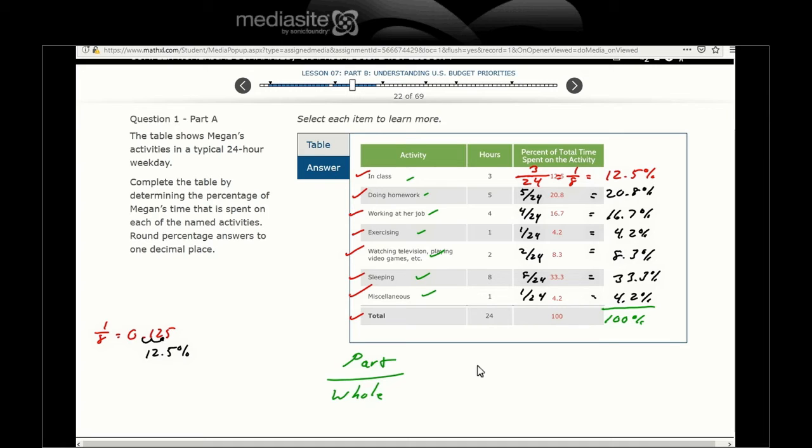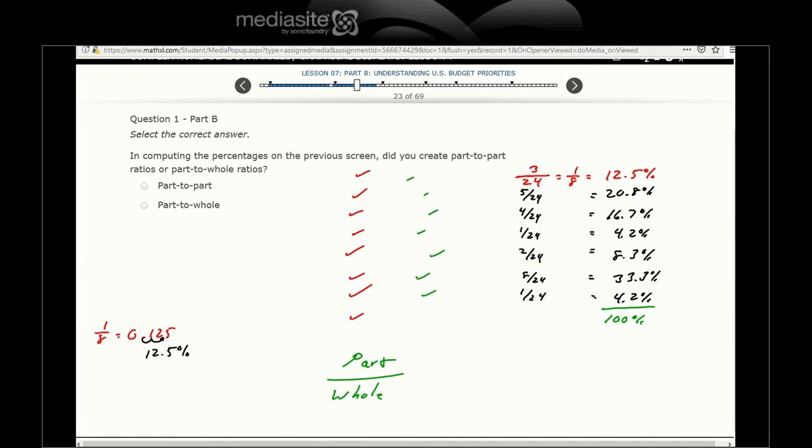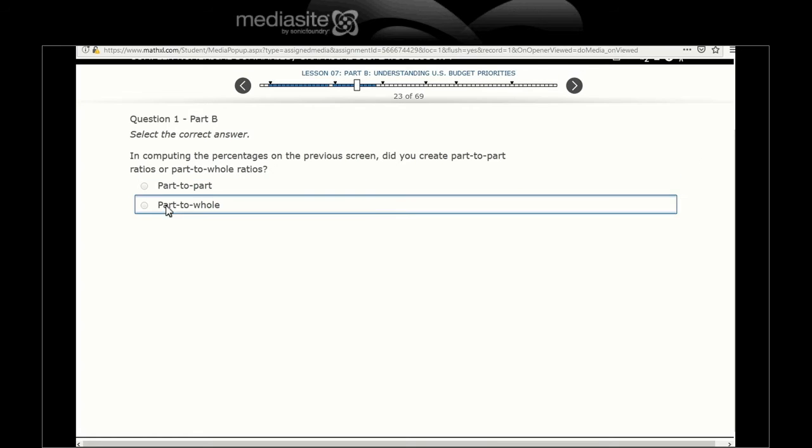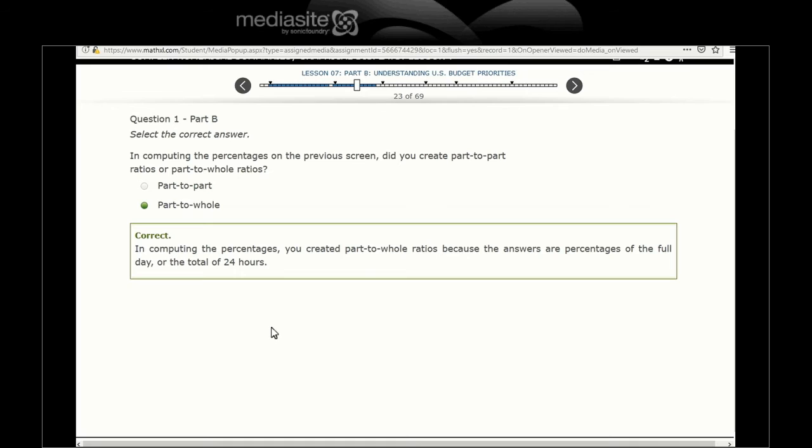And that's compared to each of the individual parts by themselves. Again, as we said earlier, these were examples of part to the whole, because we were always dividing by 24 hours, the totality of the hours of the day.